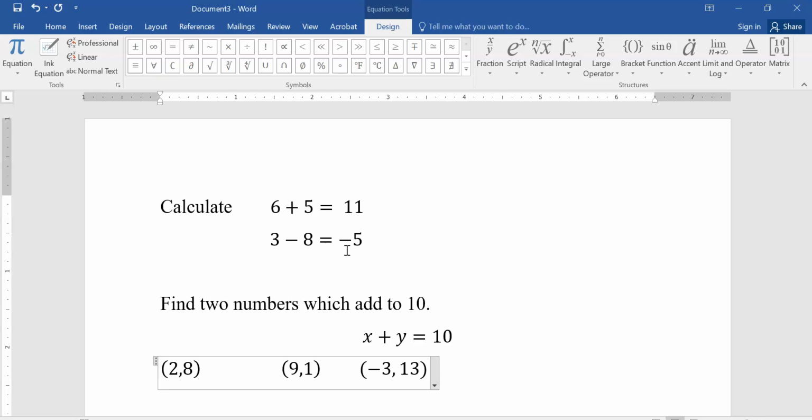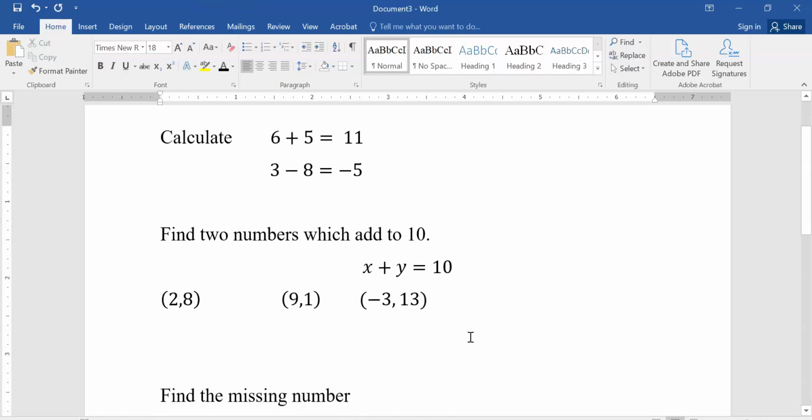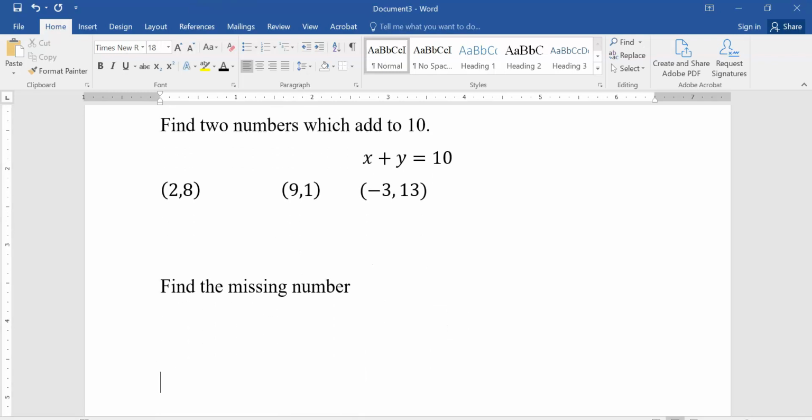All right. So you start out doing calculations in terms of addition and subtraction, and then down the line you start figuring out numbers which add to 10, or in the more sophisticated view of this, you have two variables which add to 10, and you can sort of find the missing number type questions as well.